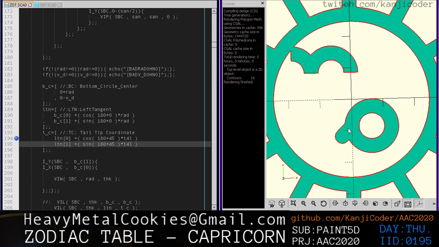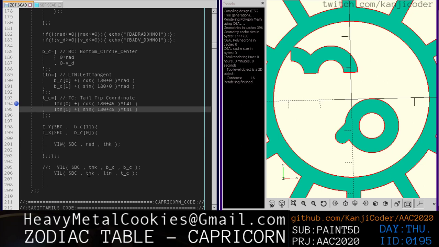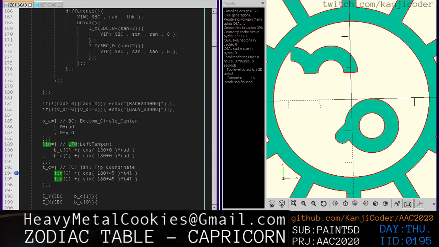So if we want a 45 degree tangency, then we need this point to be 45 degrees right here. On the line tangent part we see 180, so we want to do 180 minus 45 to get a tangency that looks good.